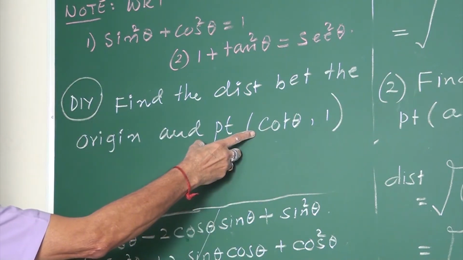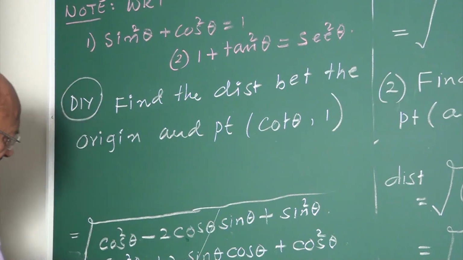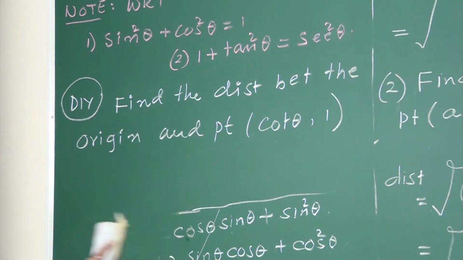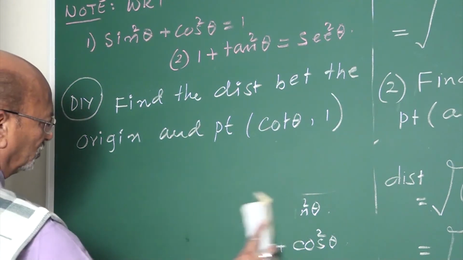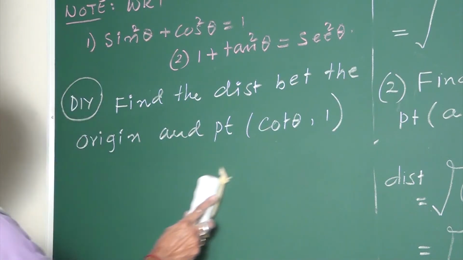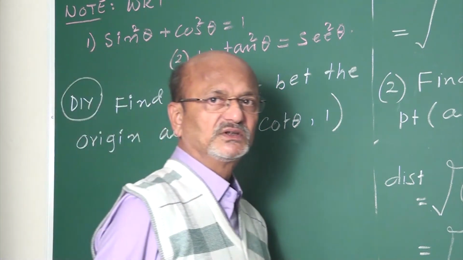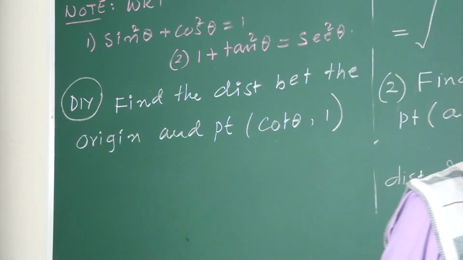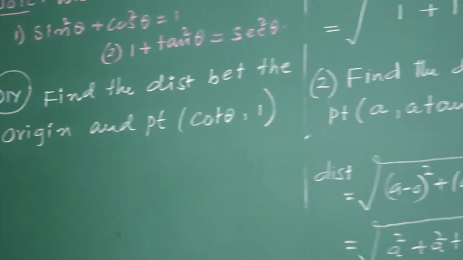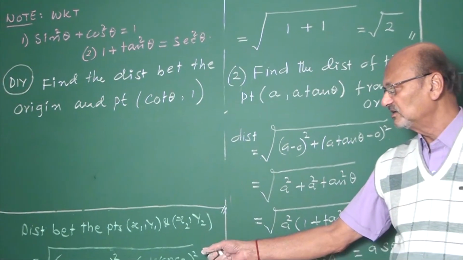What is 1 plus cot square theta? Cosec square theta. The square root of cosec square is cosec theta. These are some simple examples, verifications based on the distance formula.